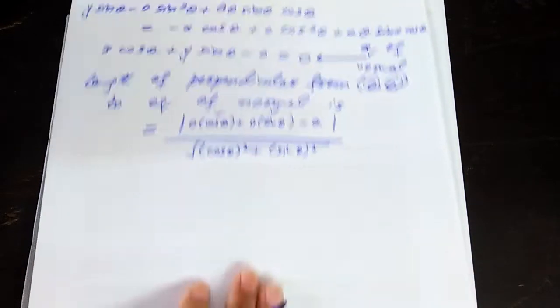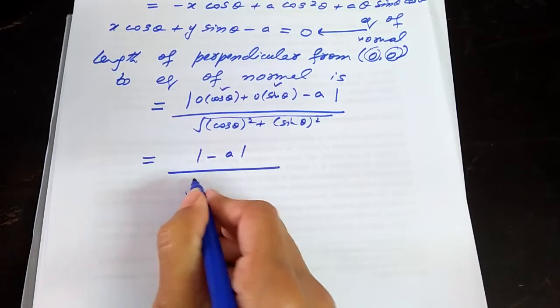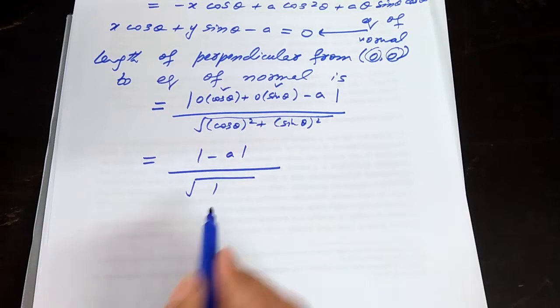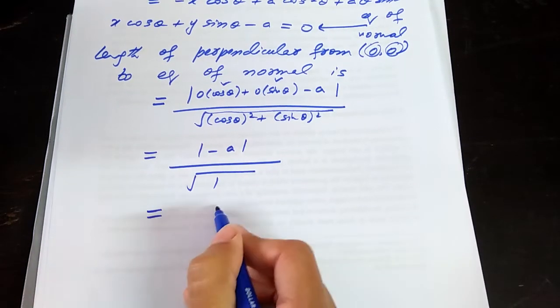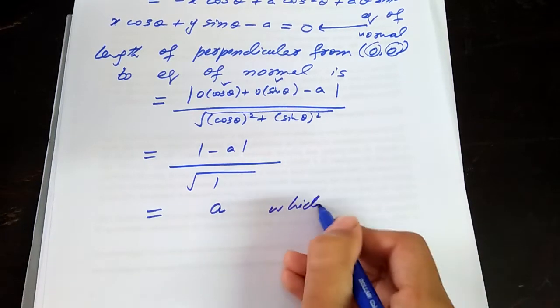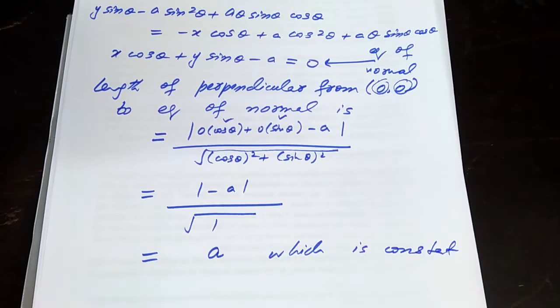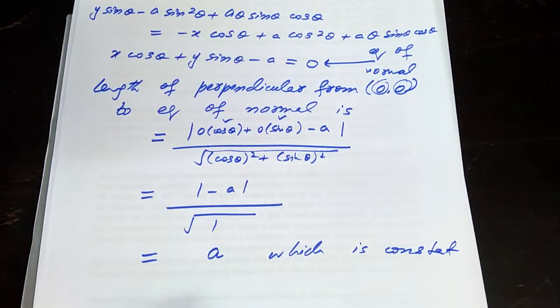So from here we will get cos square of theta plus sine square of theta, which will give you 1. So it will be equal to a here, which is constant. So it means the given curve has the normal at a constant distance from the origin.